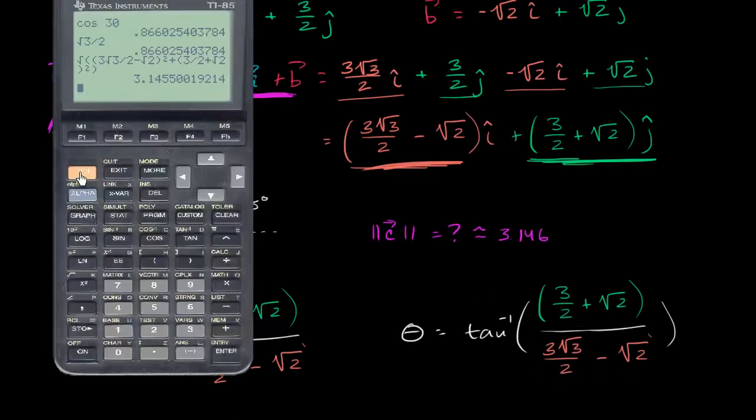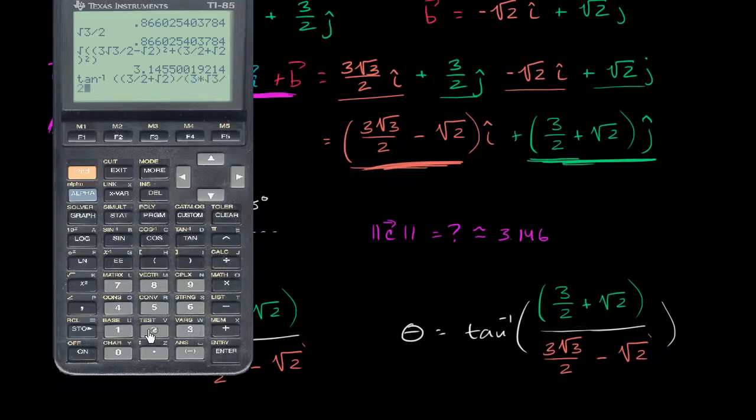So we're going to take the inverse tangent, and I've already verified that I'm in degree mode in this calculator. We saw that it was interpreting this correctly as 30 degrees, not 30 radians. So the inverse tangent of, once again, 3 divided by 2 plus the square root of 2, plus the square root of 2, divided by this, which is 3 times the square root of 3 divided by 2 minus the square root of 2.